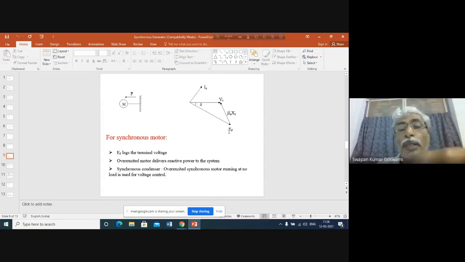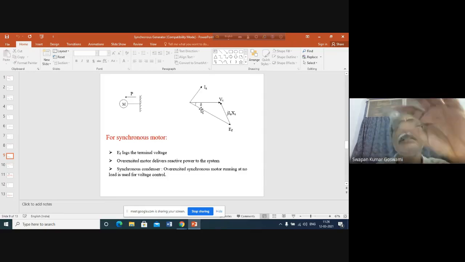Now when EF cosine delta is exceeding VT, the motor is operating at a leading power factor. When EF cosine delta is less than VT, then the motor will be operating at a lagging power factor.